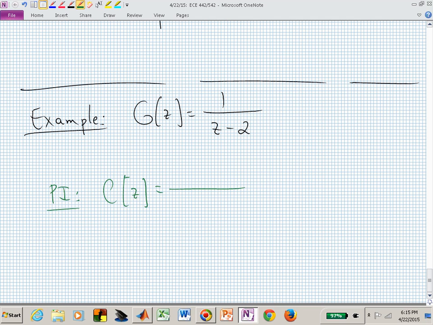But if I said, what's the structure of a PI controller? It probably won't be that easy. But if I said that on the final, what would you write down for capital C of Z? That's what you would say? Maybe, maybe not.